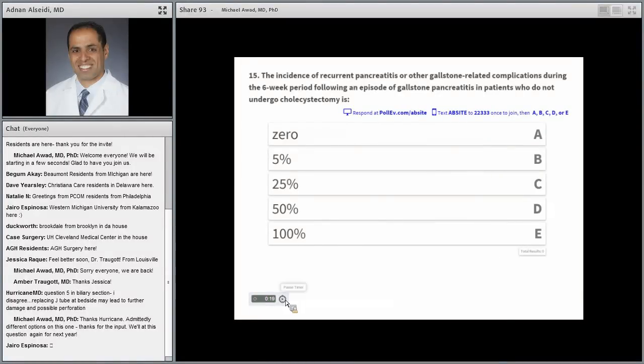The next question: the incidence of recurrent pancreatitis or other gallstone-related complications during the 6-week period following an episode of gallstone pancreatitis in a patient who does not undergo cholecystectomy is A, 0, B, 5%, C, 25%, D, 50%, E, 100%. Asking during a 6-week period.